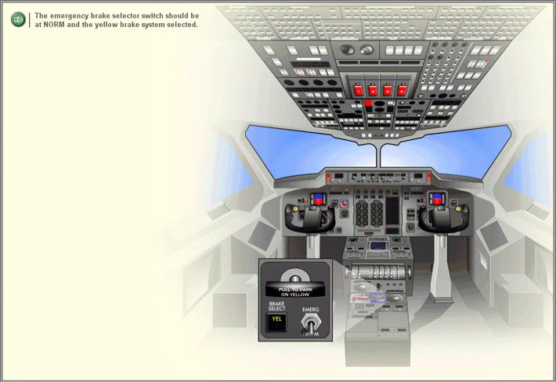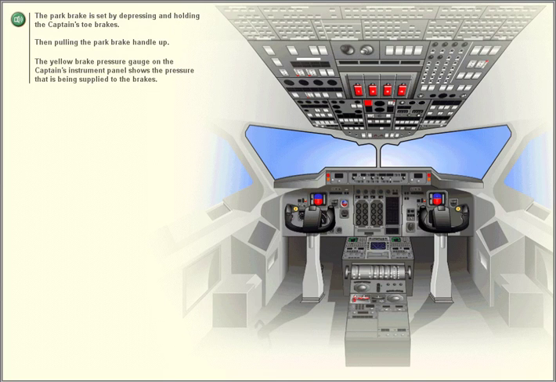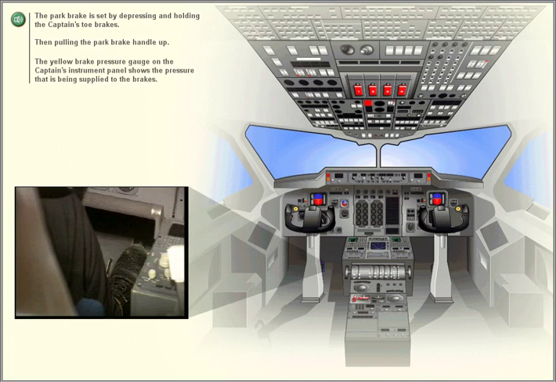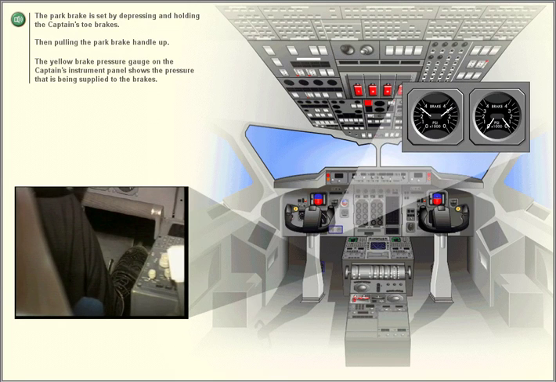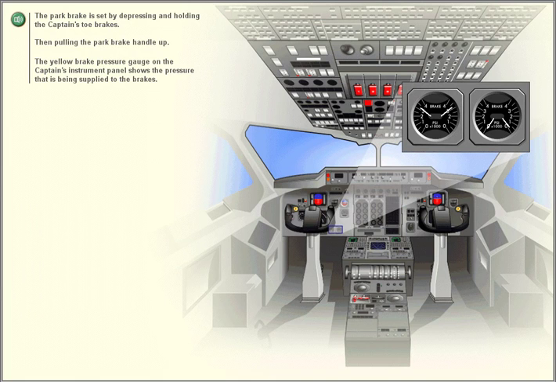The emergency brake selector switch should be at normal and the yellow brake system selected. The park brake is set by depressing and holding the captain's toe brakes, then pulling the park brake handle up.